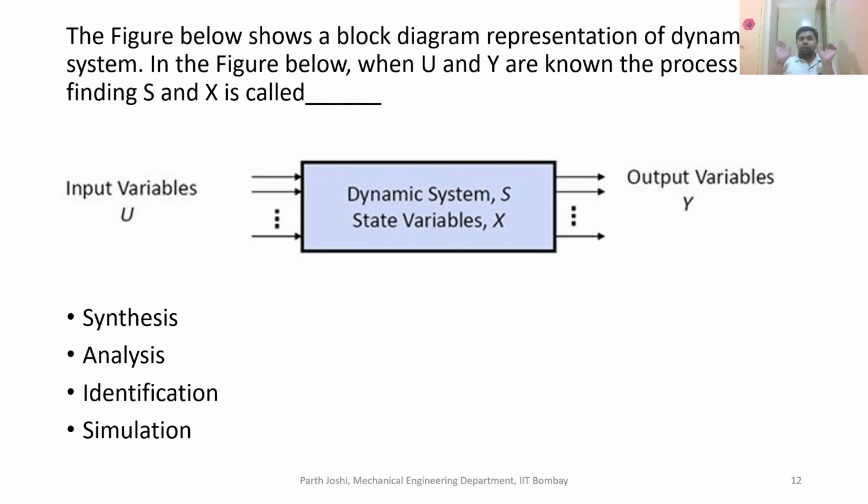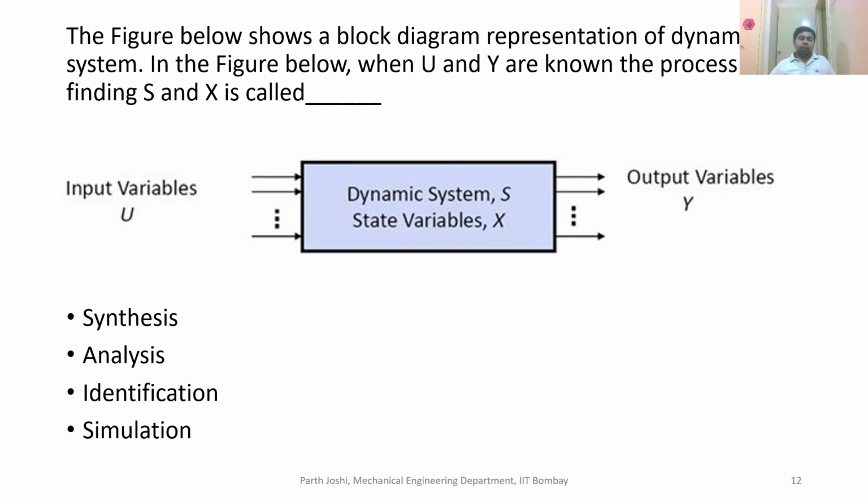So let us say we have a large set of experimental measurements for some known inputs, and we measure the corresponding outputs, and then we try to find a model which fits this input output relation. For example, we have measurements of temperature or pressure, and the input variables are some kind of flow rate.